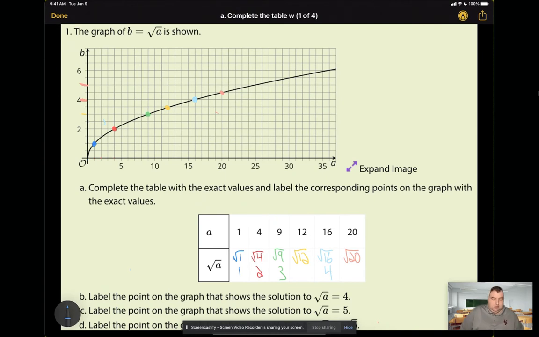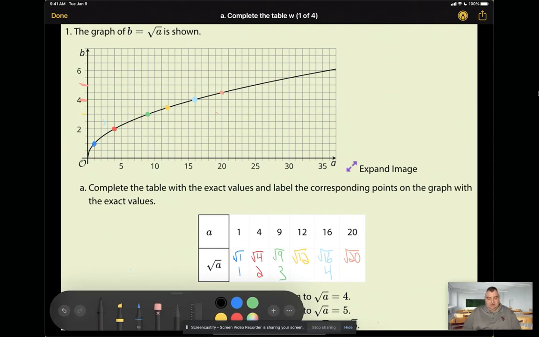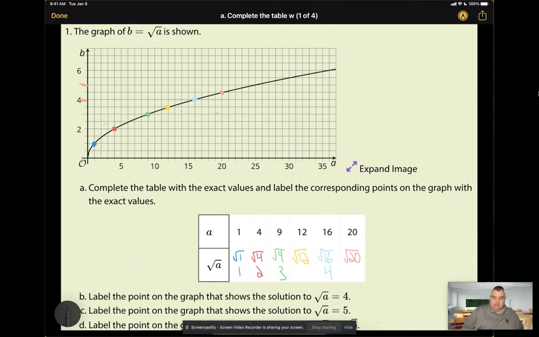Okay. Part B. Label the point on the graph that shows the solution to square root of a equals 4. If I were to solve that for a, I would have to square both sides, since squaring is the opposite of square rooting, because this squared would cancel out the square root here.